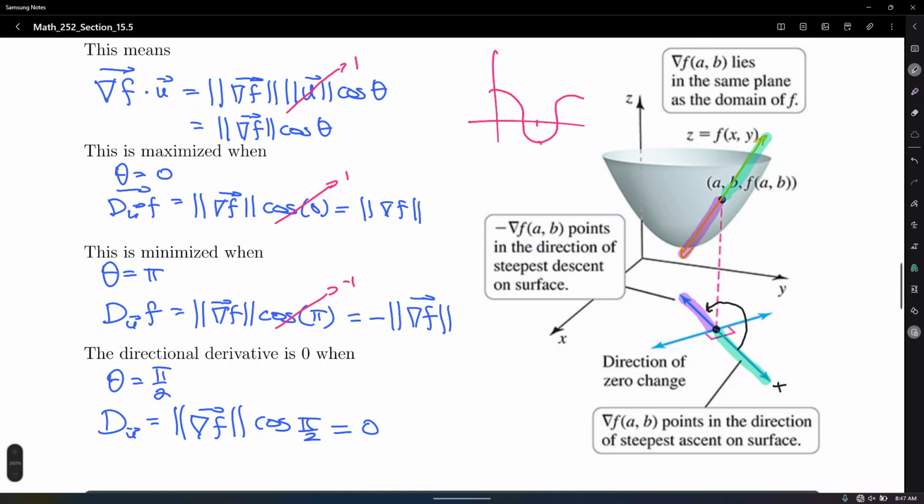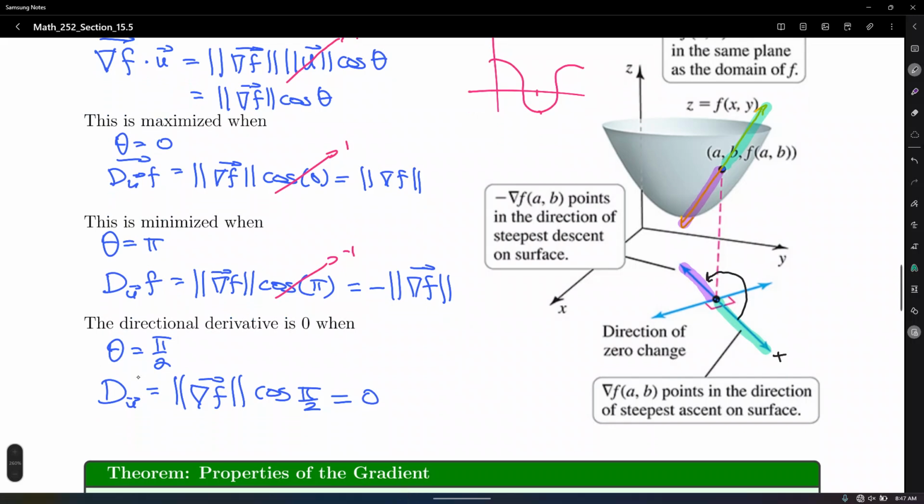Oh, isn't that the same as pi? We get a positive, we get a negative. So that's why we're getting the positive and the negative, right? Now, when is the directional derivative equal to 0? Why do we want to know when the derivative equals 0? That is, when theta equals pi over 2. Pi over 2, isn't that the same as 90 degrees?